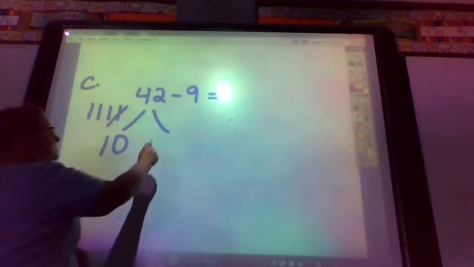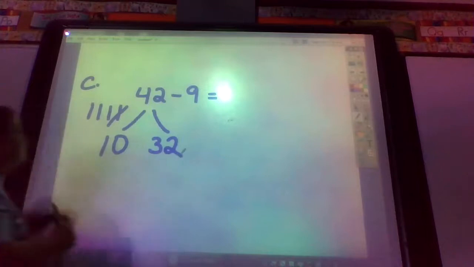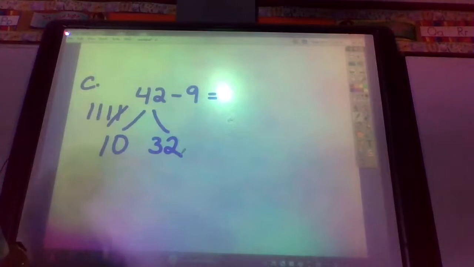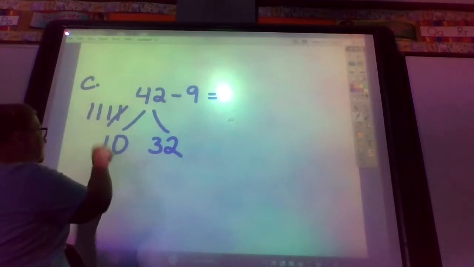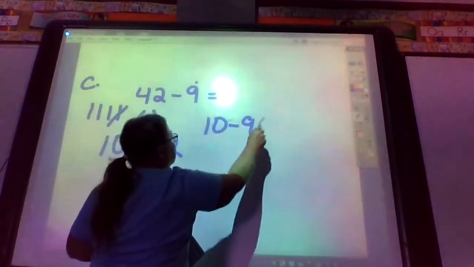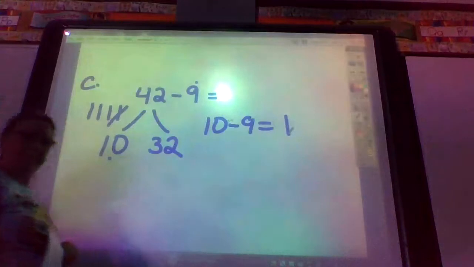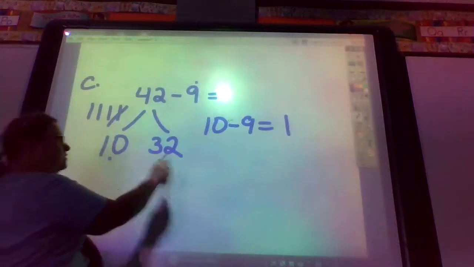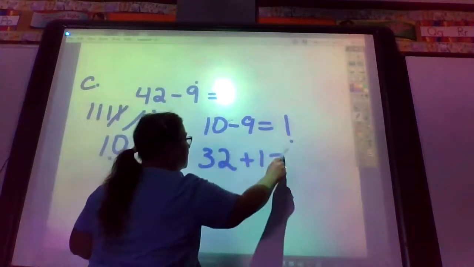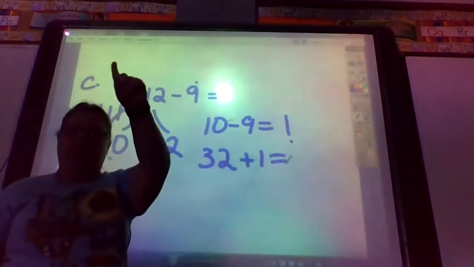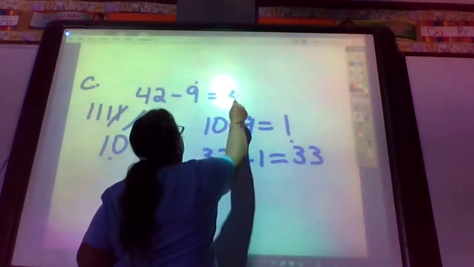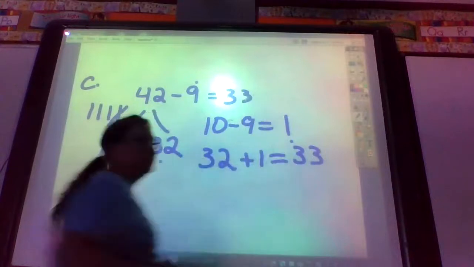I have 32 left. I'm ready to subtract 10 and 9. 10 minus 9 equals 1. Now I'm ready to add 32 and 1. 32 plus 1 is 33. So my answer is 33.